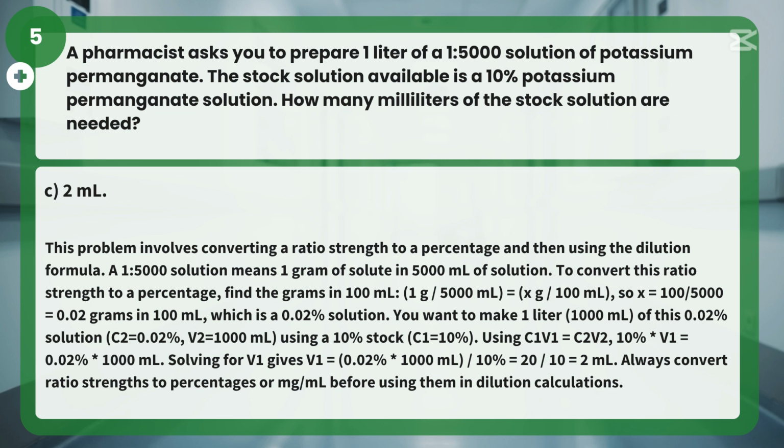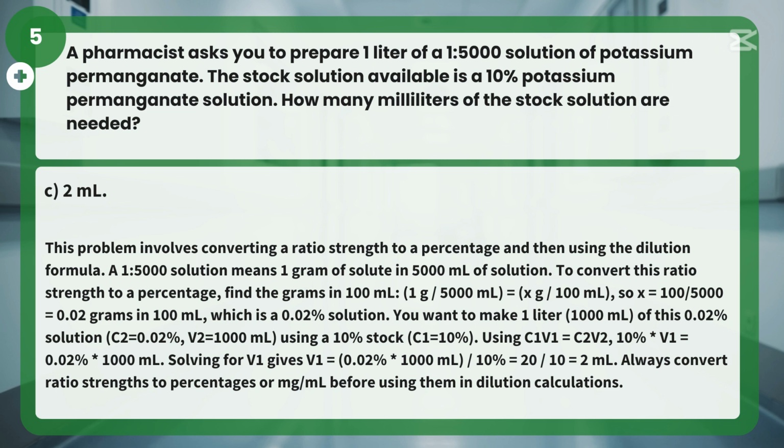You want to make 1 liter, 1000 milliliters, of this 0.02% solution. C2 equals 0.02%, V2 equals 1000 ml, using a 10% stock. C1 equals 10%. Using C1V1 equals C2V2, 10% * V1 equals 0.02% * 1000 milliliters.